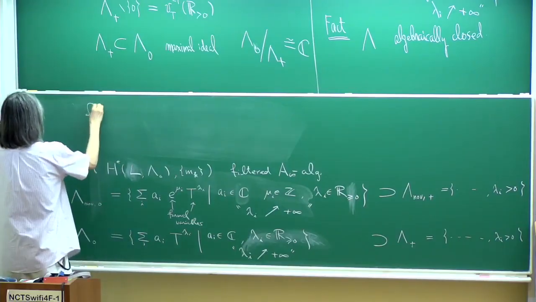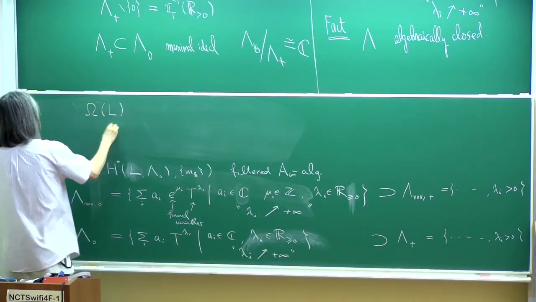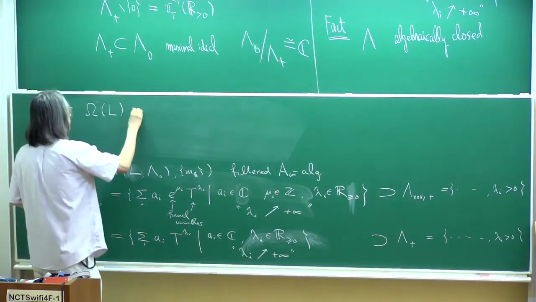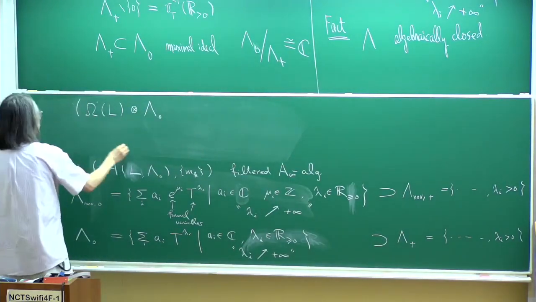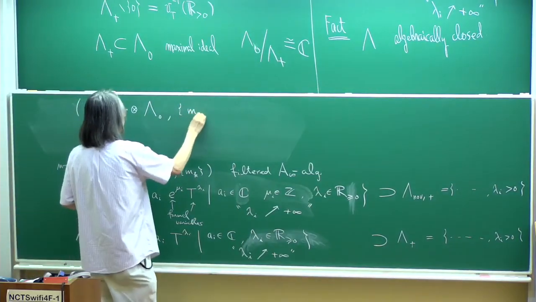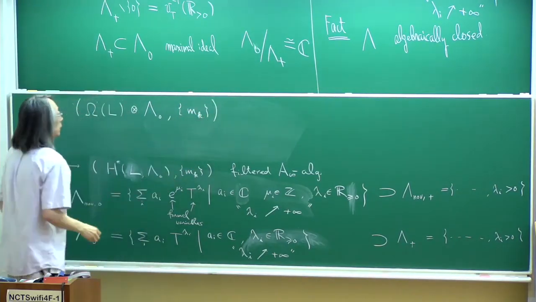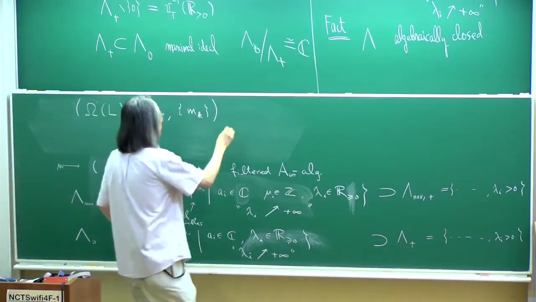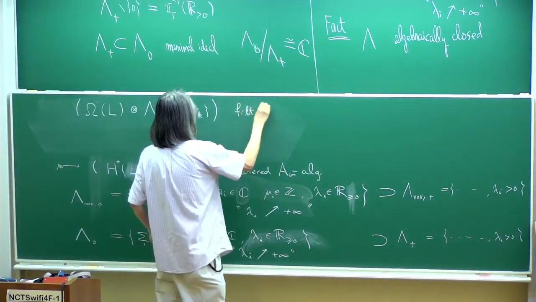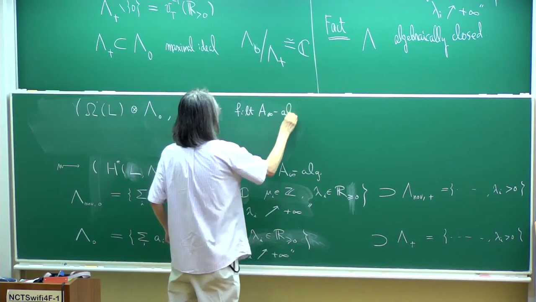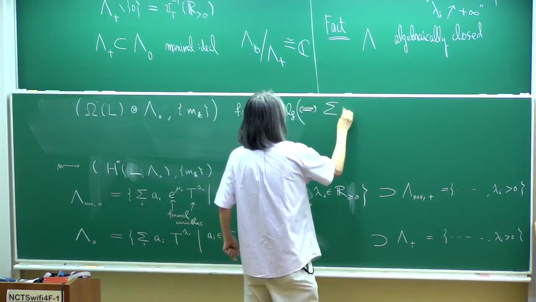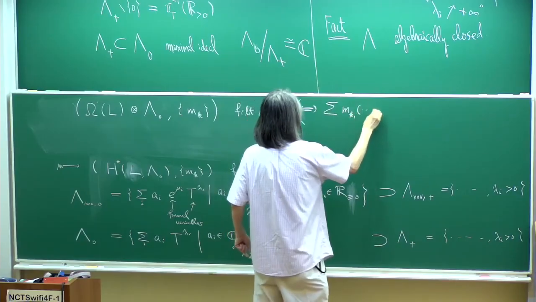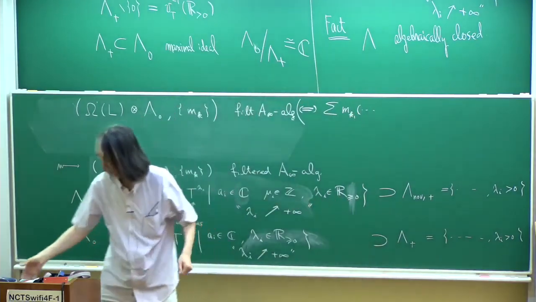So we have this omega dot here, maybe tensor this lambda 0, and over there we have these M_k, and then this becomes a so-called filtered infinity algebra. Namely, if you consider, sorry, maybe I need to put certain signs here.